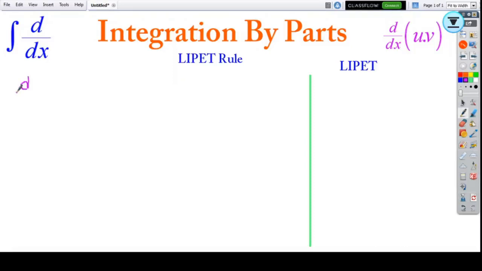What is the differentiation product rule? If I am differentiating the product of two functions, u and v, the derivative of the product is v times d/dx of u plus u times d/dx of v.